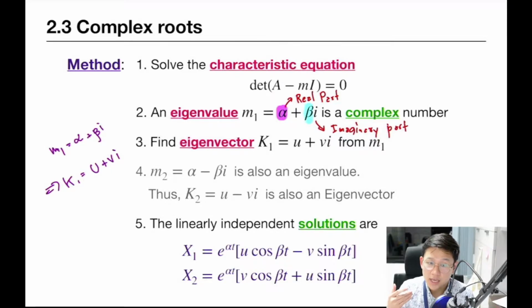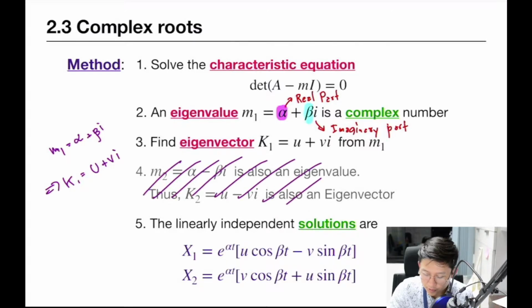Okay, and if you have m2, m2 is alpha minus beta i. And if m1 is an eigenvalue, it means that if m1 satisfies this equation, m2 satisfies that equation as well, because it's the conjugate of m1. And k2, which takes this form, is the eigenvector as well. But in practice, we don't care.